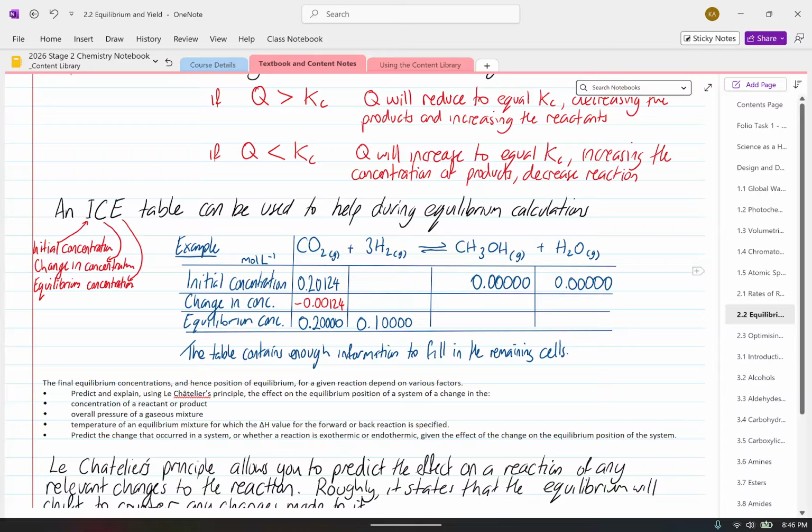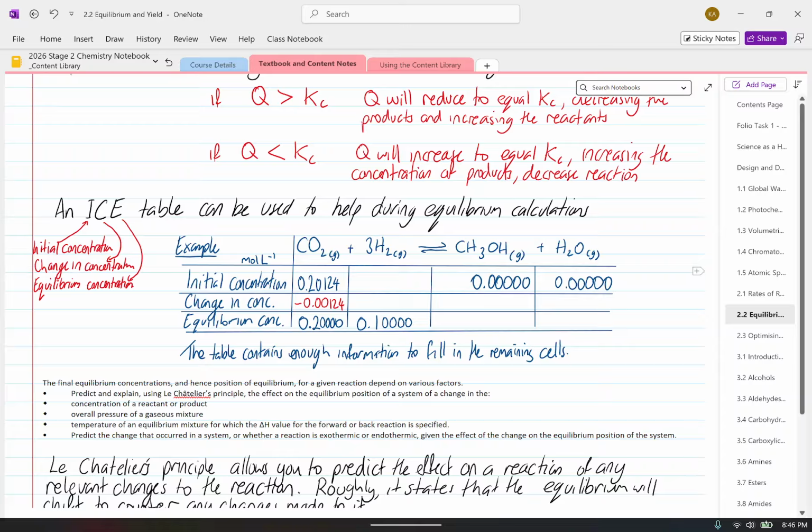We need to look at the stoichiometric coefficient of the CO2. There's an invisible 1 in front of it, and that matches the stoichiometric coefficients of the methanol, CH3OH, and the water, H2O. That means the concentration change in our CO2 will equal the concentration change in our methanol and our water, but opposite in sign, because if we're losing our reactant, we're gaining our product.